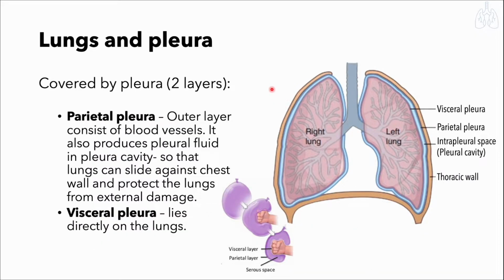Now let's move on to the lung structures, lungs and pleura. Alright, so the lungs are actually covered by pleura. We have two layers of the pleura, which are the parietal pleura as well as the visceral pleura. I bet that you have learned this in anatomy. So we just look at this purple balloon.